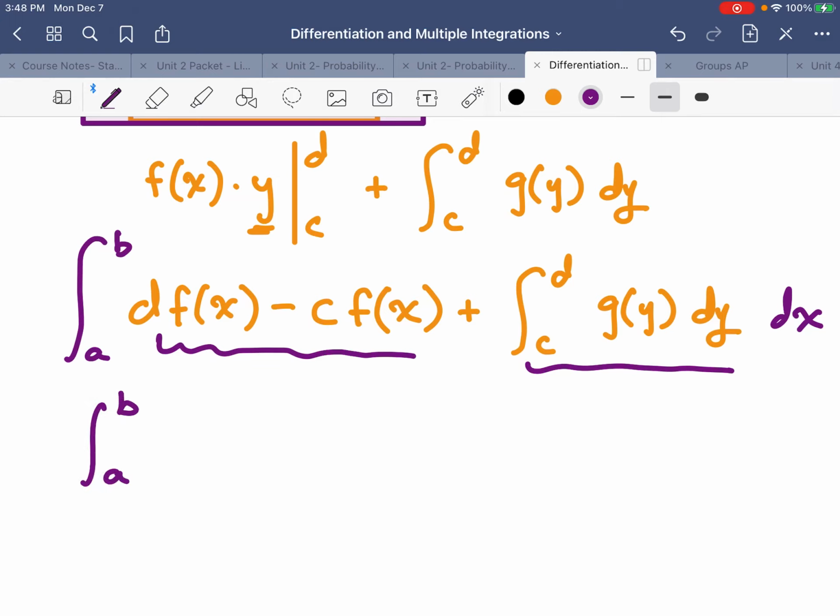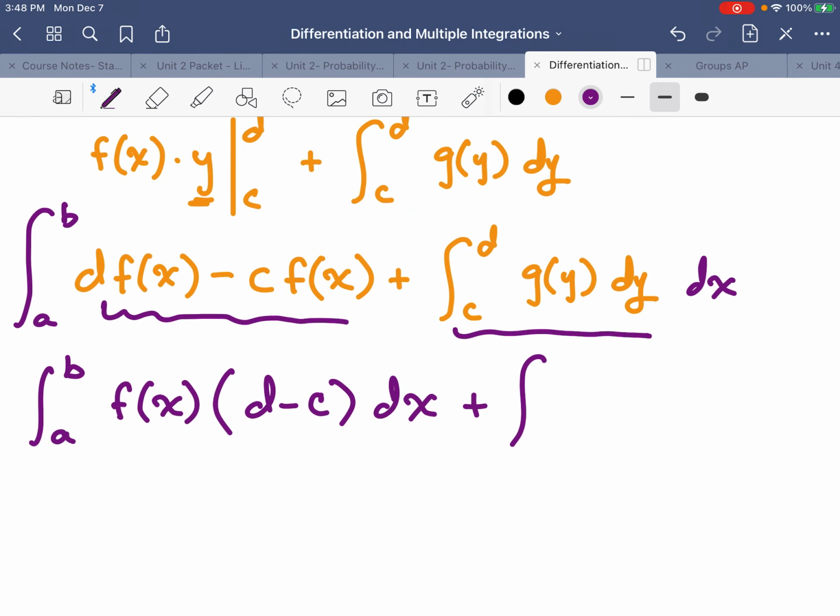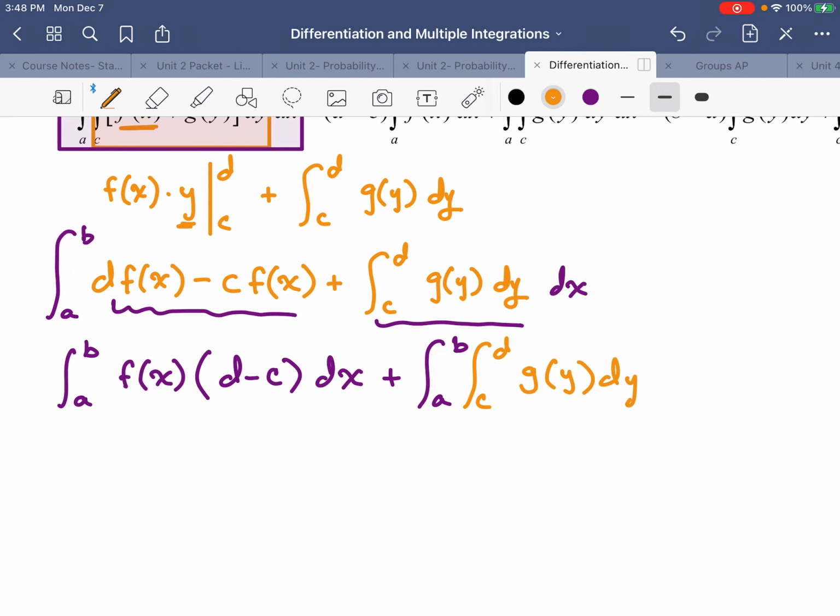Over a to b, f of x times d minus c dx, plus a to b, and then I still have c to d, g of y dy, dx.